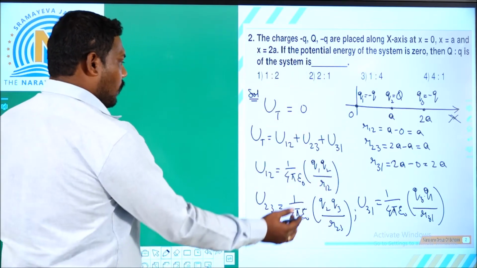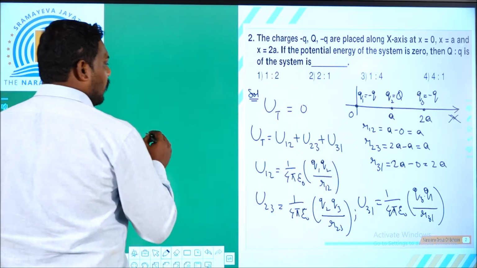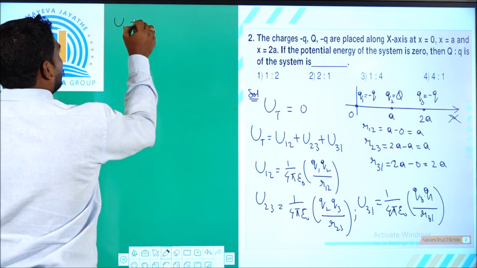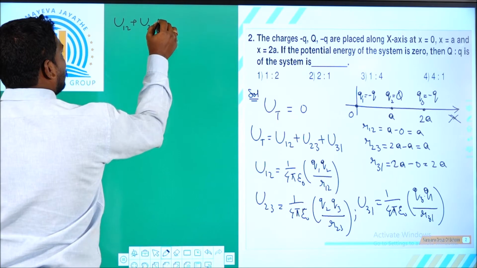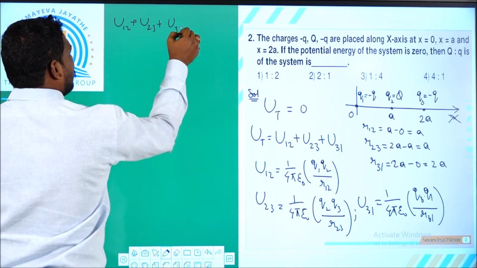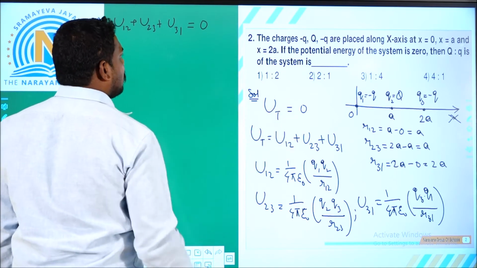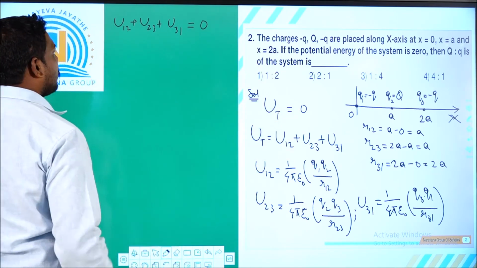Okay. Now when you add these three, that is U12 plus U23 plus U31 should be equal to 0, because it is given in the question, right?